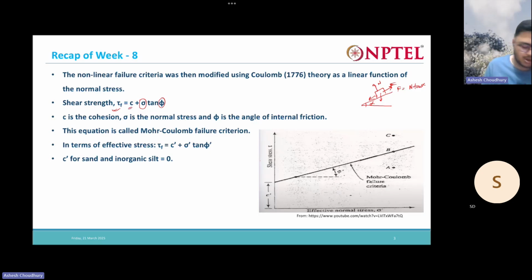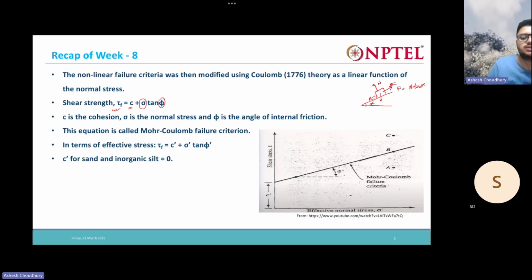C is nothing but the cohesion of the soil. So the shear stress at failure was expressed as tau f is equal to C plus sigma tan phi, where C is the cohesion, sigma is the normal stress and phi is the angle of internal friction. Now this particular equation is called the Mohr-Coulomb failure criteria.